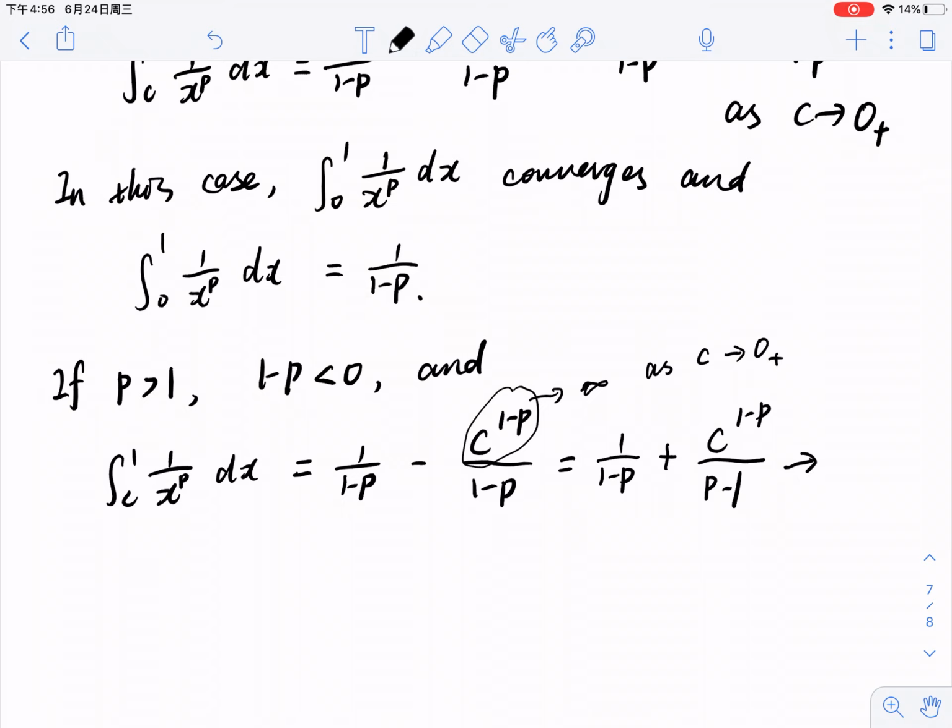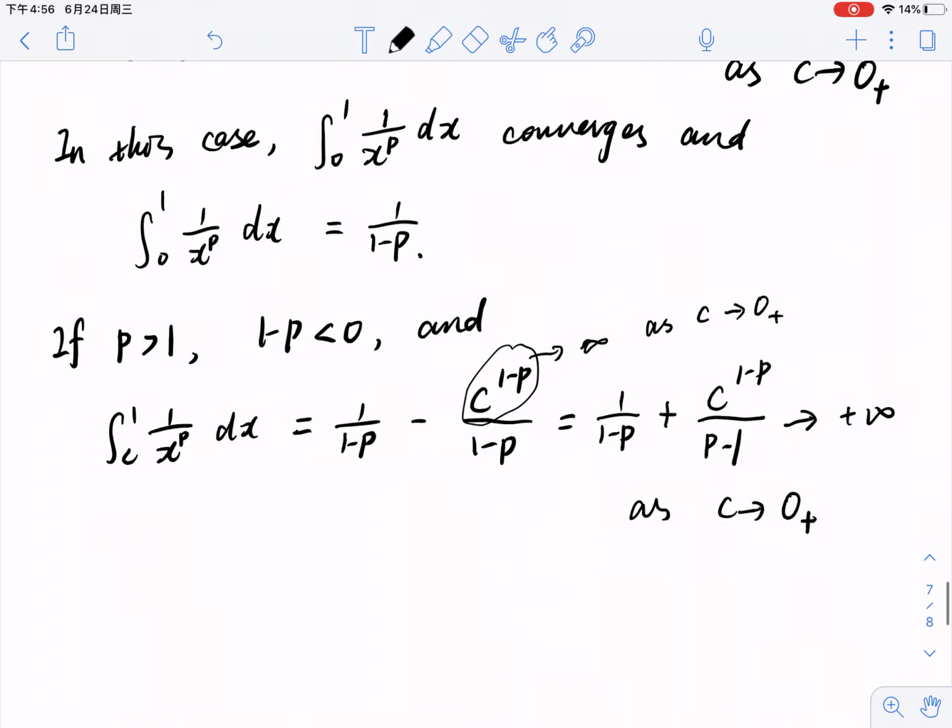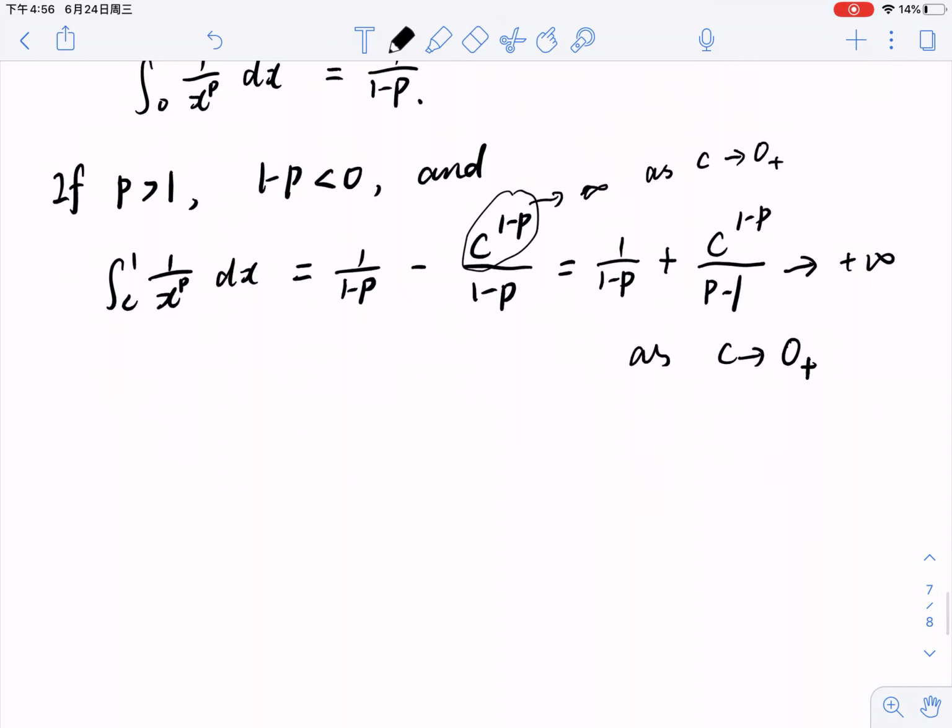Since 1 minus p is less than 0, the second term goes to infinity as c goes to 0 from the right. So the integral diverges.